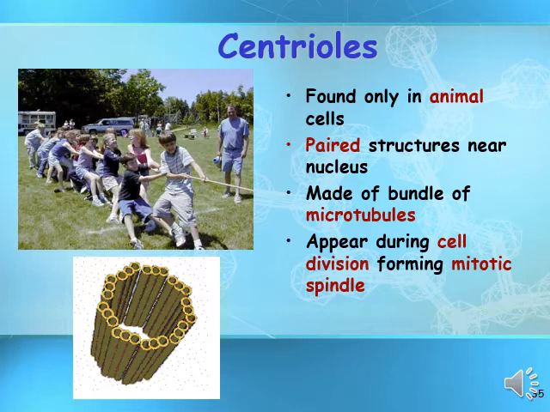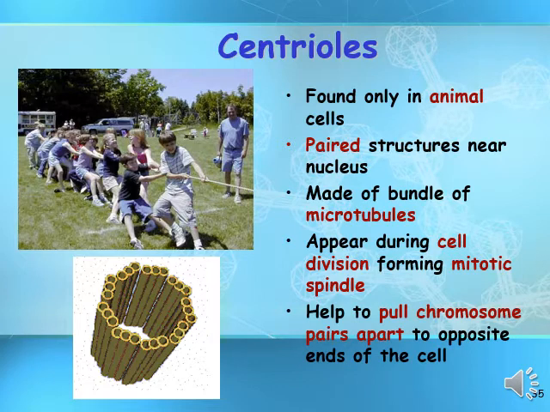Microtubules are attached beside each other, constituting centrioles. They appear during cell division, forming the mitotic spindle. The mitotic spindle through the cellular division is made by these organelles. They help to pull chromosome pairs apart to opposite ends of the cell.